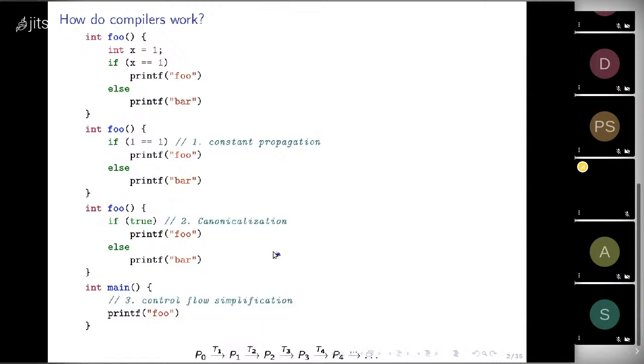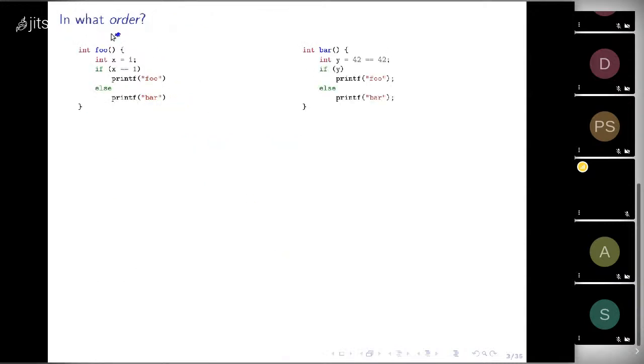Well, let's find out. Let's consider two programs, one called foo and one called bar. They're pretty similar. They both try to check a condition and they try to print foo or bar. But the only difference is that in bar the way in which the value of the variable is computed is different. Here we compute int y equals 42 double equals 42.